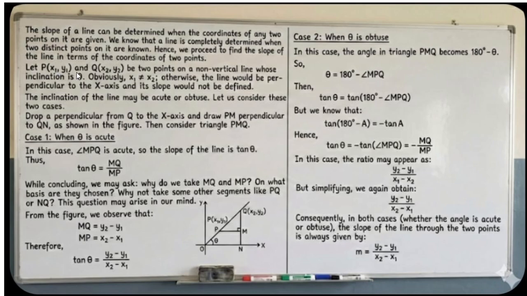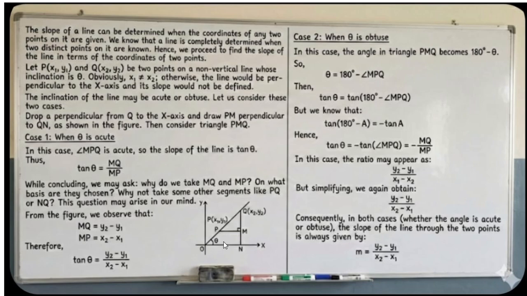Based on the 2 points, we can find out the ratio of change in the output per unit change in the input. If you find it out, that will become the same.